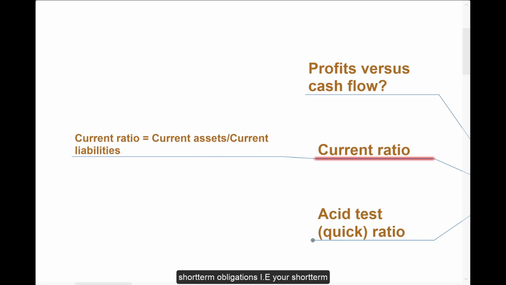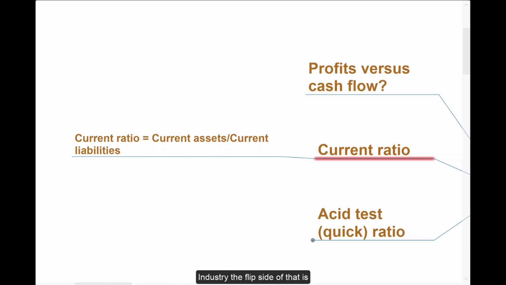your short-term current liabilities. Now, every business is different and every industry is different, but a general rule of thumb here is if you calculate a current ratio and it's around about 2 to 1, so your current assets are twice the value of your current liabilities, broadly speaking, that's okay. Again, it varies from business to business, industry to industry.